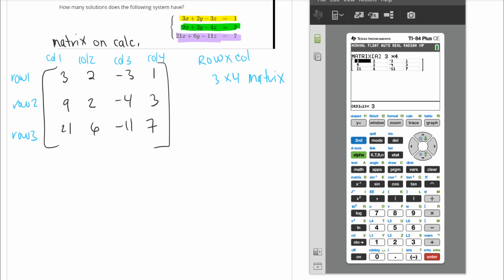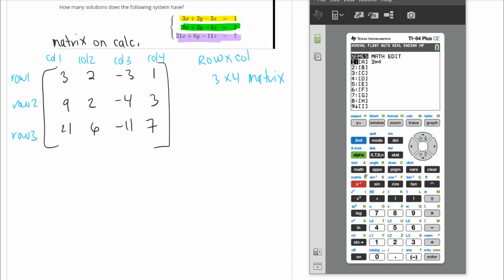So I went ahead and made sure that I have all of these values in my calculator. And so now I want to go to my home screen. There we go. So second quit to go to your home screen. Second quit after you enter all of your values in your matrix. So that's your home screen.